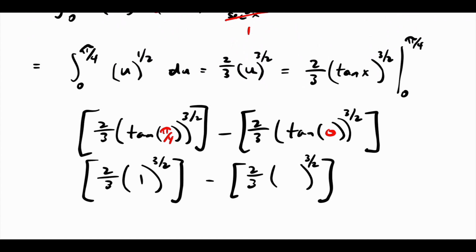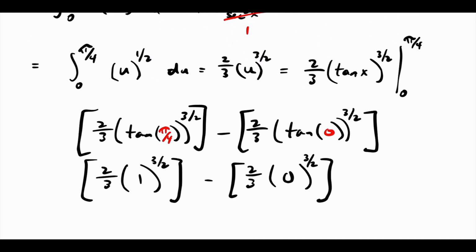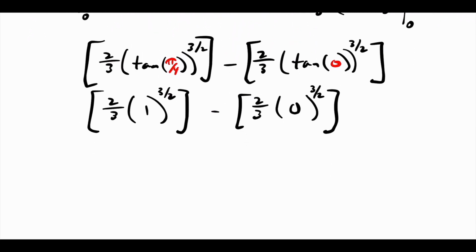Tangent of 0 is 0. What is 1 to the 3/2 power? Cube 1, then take the square root. You still get 1, right? Times 2/3 is 2/3. 0: cube 0, find the square root of 0. Still 0. Subtract. Area under the curve is going to be 2/3.